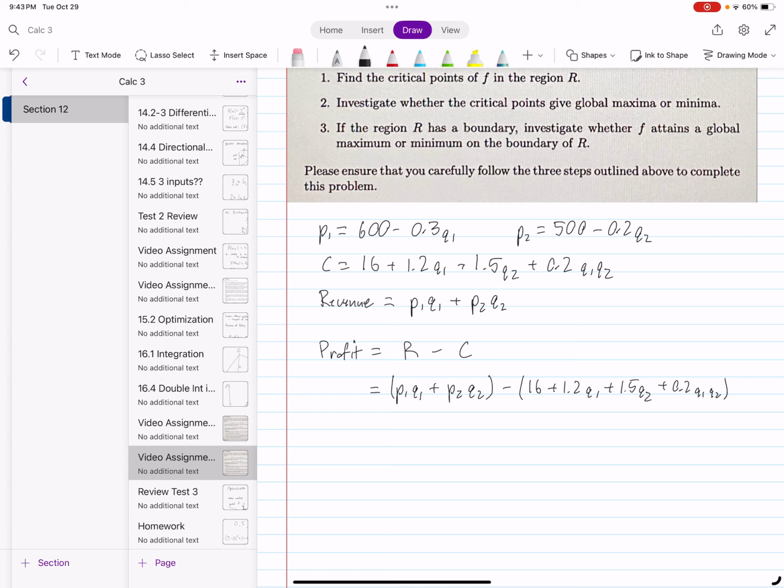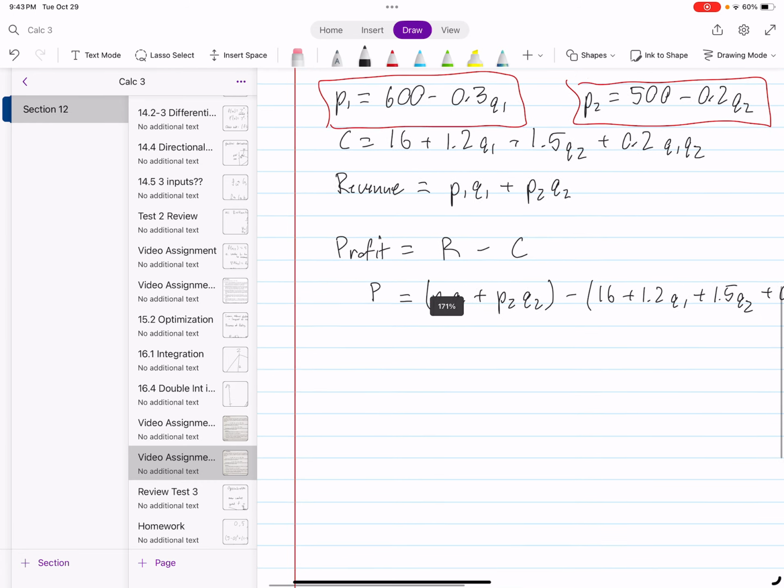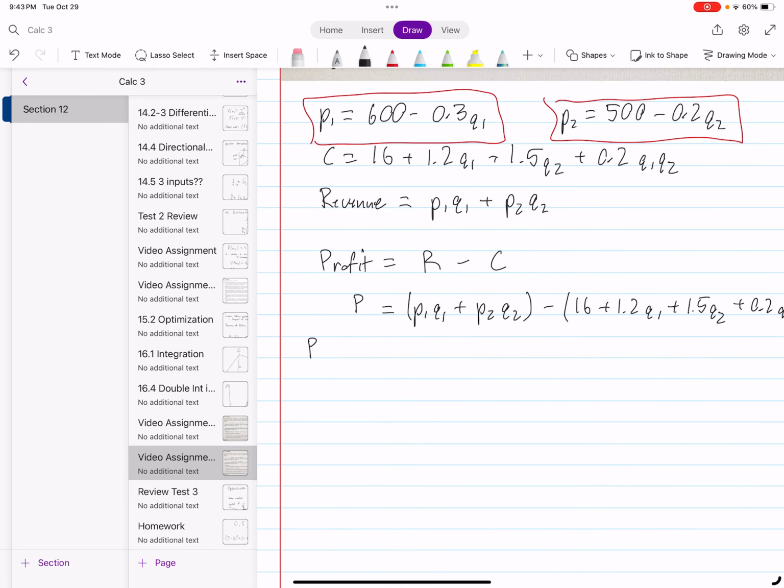Now, as we see here, we have four different variables in this function of P. So we want to really condense this into two variables. And we can do this using these two equations right here, the P1 and P2. So we can make P a function of Q as well. So we'll go ahead and just copy paste the top function into all of the P's right here.